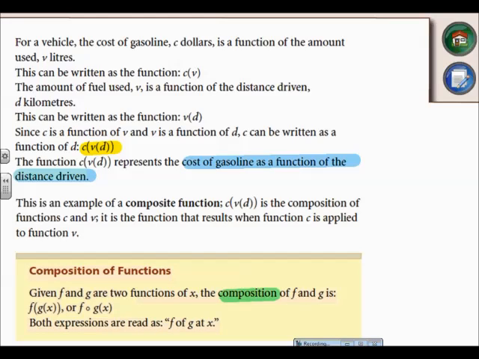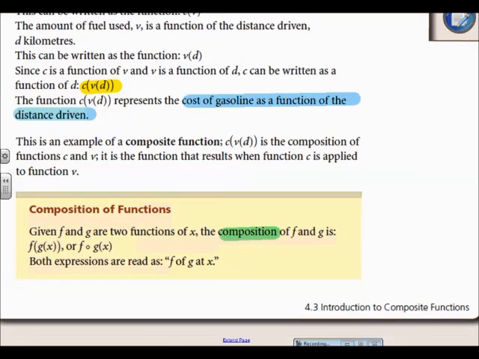A composition has two different notations that we can use. The first one, which is the easier one to use, and the second one, which is more commonly given. And what you read them as is f of g at x. In other words, we're taking one function and stuffing it into the other function.